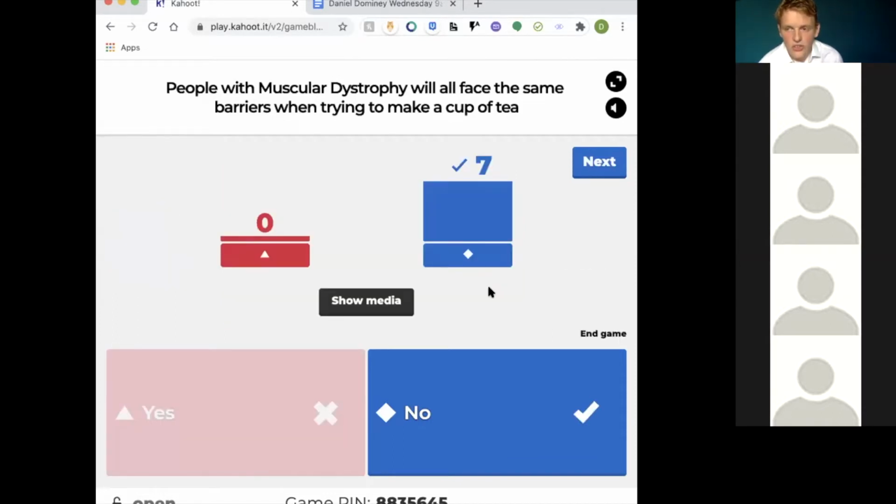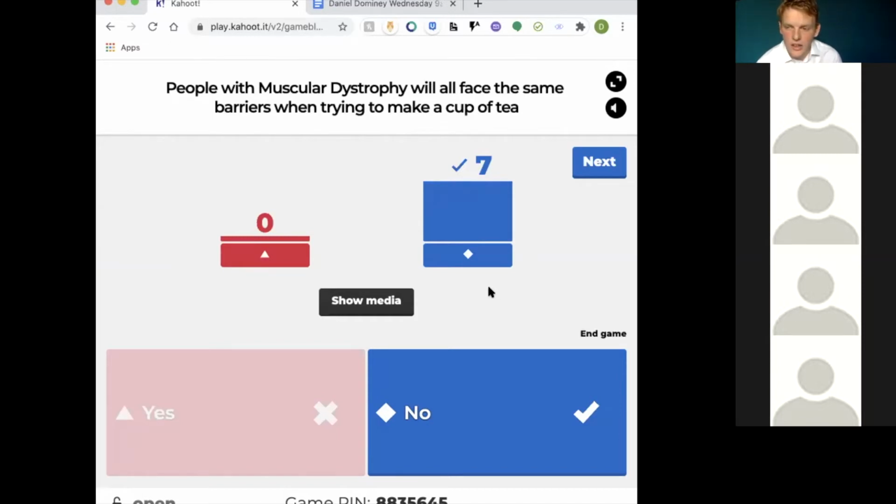Okay, yes. So I think this is a very important point to consider when you're doing your submissions, because the severity of a disability can differ, but also if you think about a cup of tea, some people like to drink their tea black, and some people like to drink it with milk.